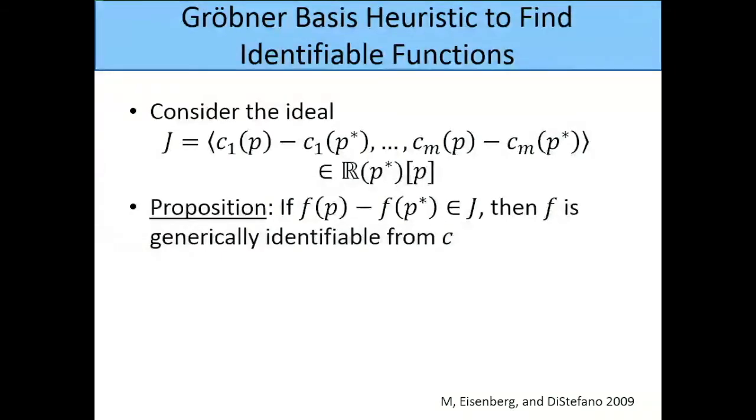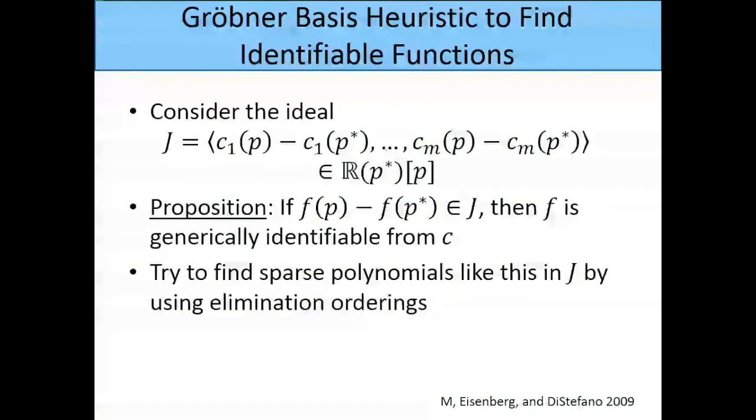The standard test is to take the coefficients C of P, set them equal to C of P star, where P star is some arbitrary point, and ask, does P equal P star? So let's look at the ideal generated by C of P minus C of P star. If we can find polynomials in this decoupled form, a function in P minus the same function in P star, then these are identifiable.